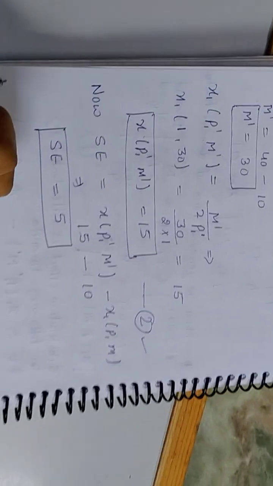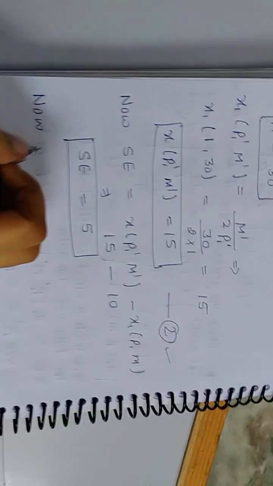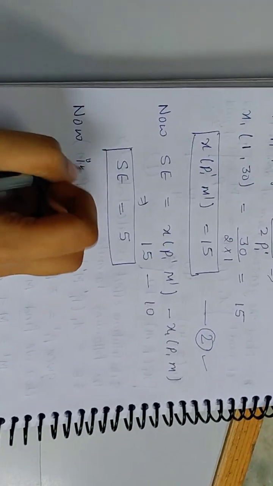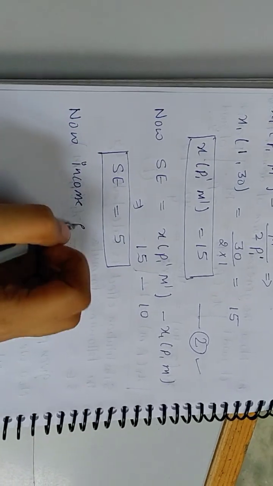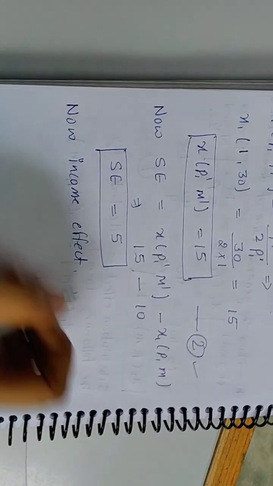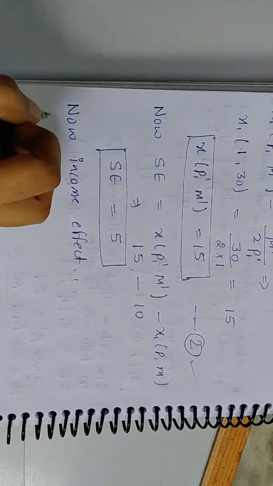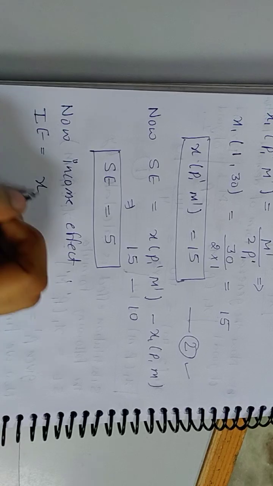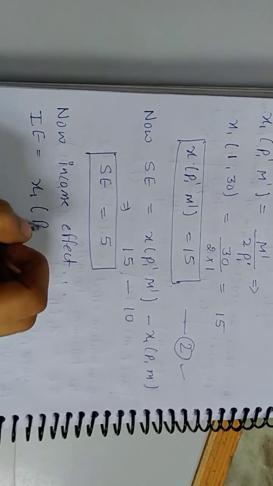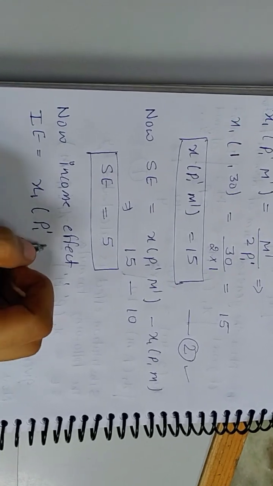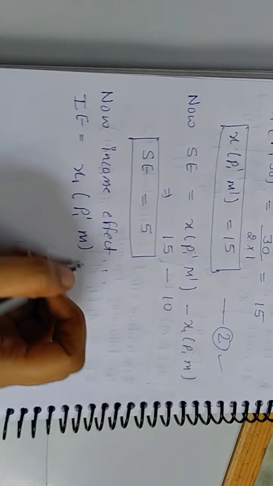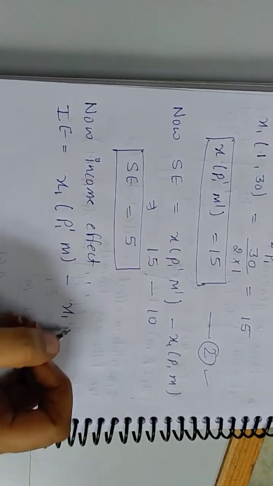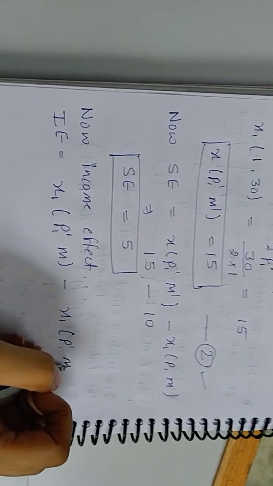Now we move on to the income effect. It is calculated by the following formula. Income effect would be x1 with the new price and original income minus the demand for good one with the new price and changed income.